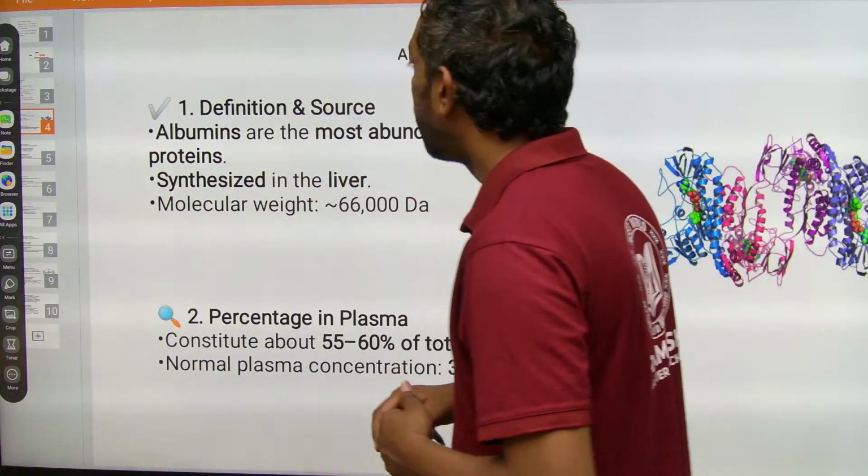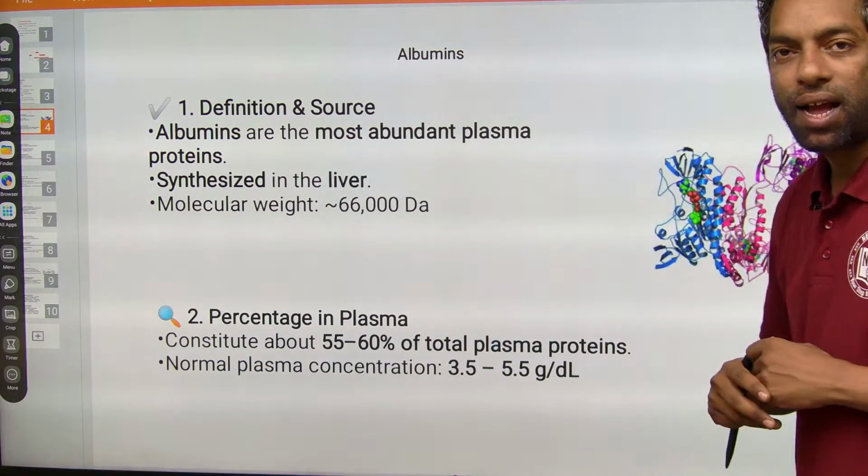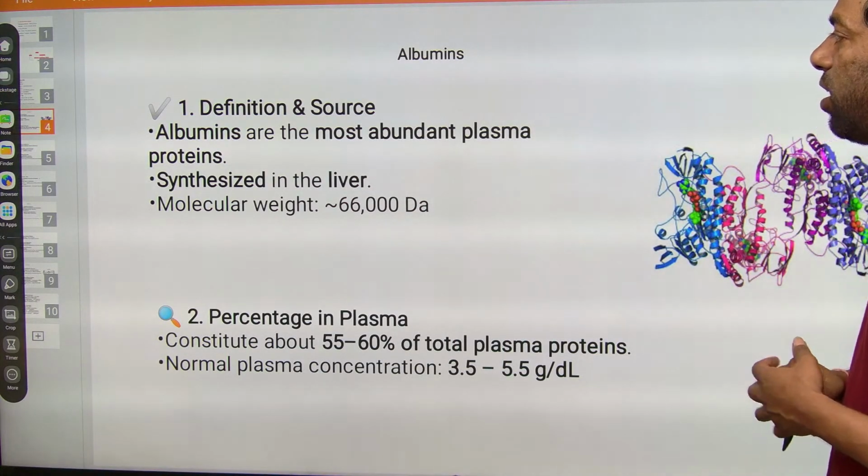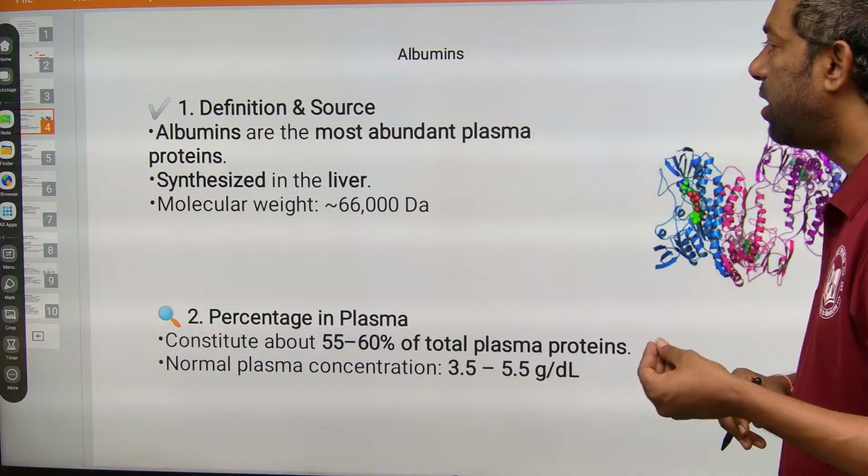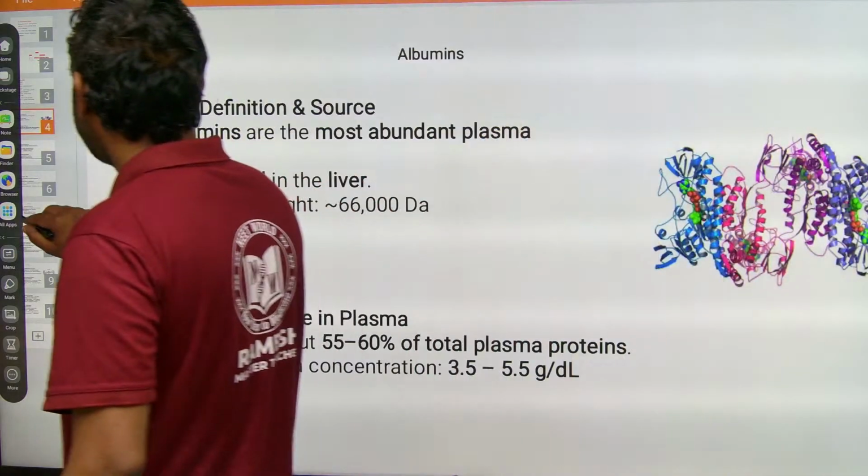Proteins. Coming to the albumins, albumins are the most abundant plasma protein. This is important for NEET.